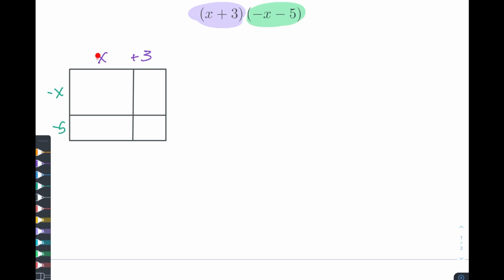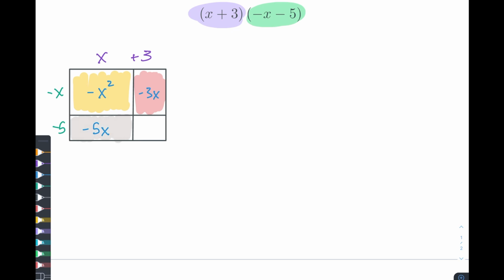Now when I multiply these two things together, x times negative x is a negative x squared. Let's make that our yellow. And then we've got negative x times a positive 3. So we're left with a negative 3x. Let's make that red. And then we have negative 5 times x. So we have a negative 5x. Let's make that one gray.